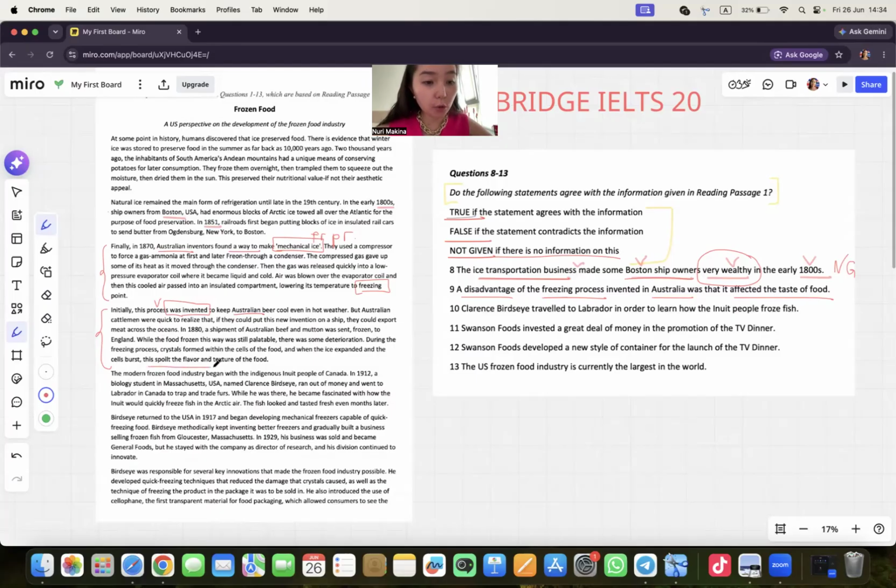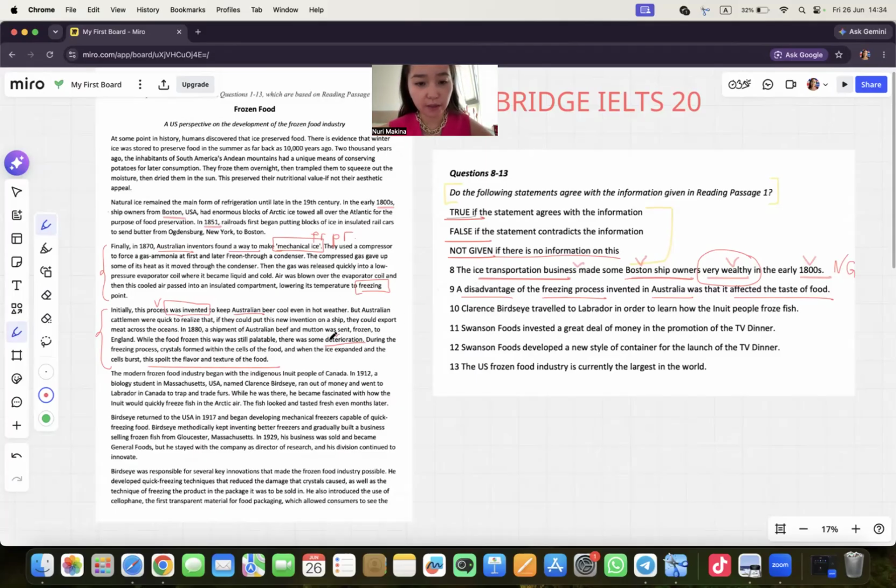Okay. So we have it, deterioration. There was some deterioration, it's a disadvantage. When something has a deterioration, that means something is getting worse. So this one is a disadvantage.